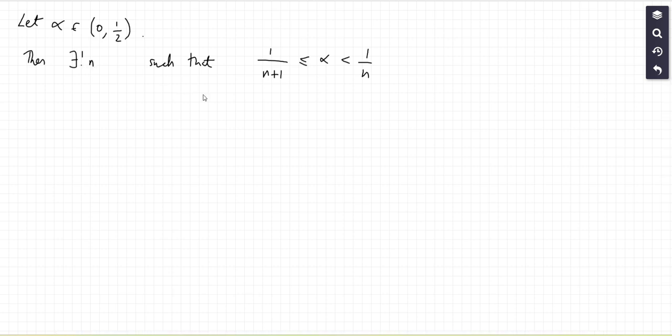And that's a unique n, and that n obviously has to be greater than or equal to 2. So for example, if n is 2, then alpha is between 1/3 and a half. If not, then it's between 1/4 and 1/3, and if not, then between 1/5 and 1/4, and so on. We can just keep doing that.